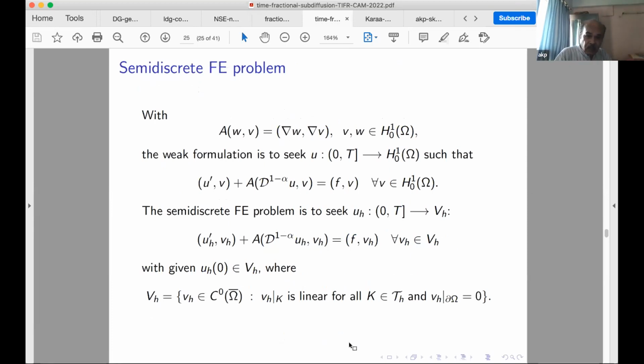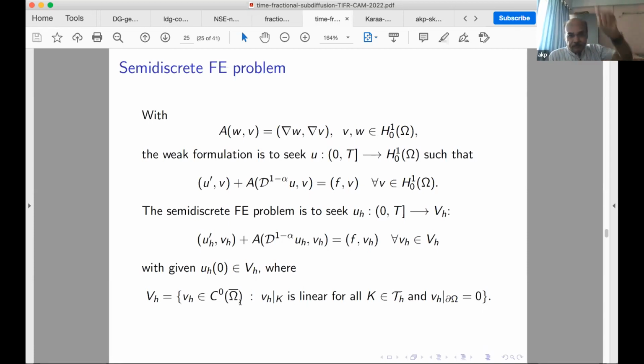Well, what you do, you take the standard weak formulation and pose it in a finite dimensional subspace. The analysis I am going to give is not limited to the finite element method. You can apply the finite difference method, finite volume element method, spectral method, any other method.